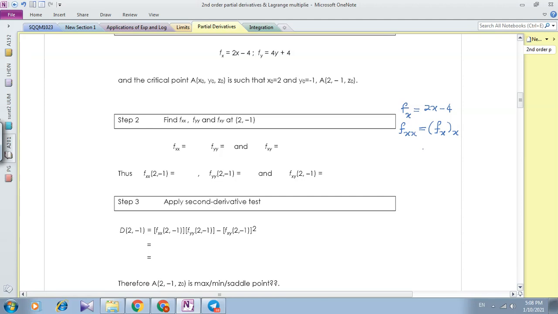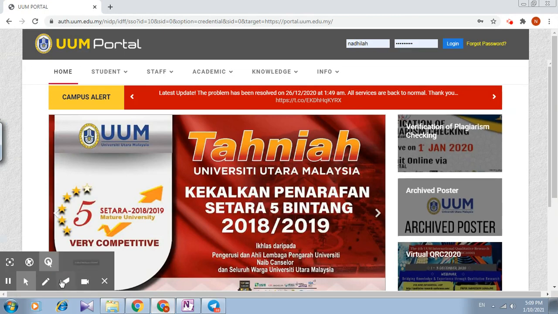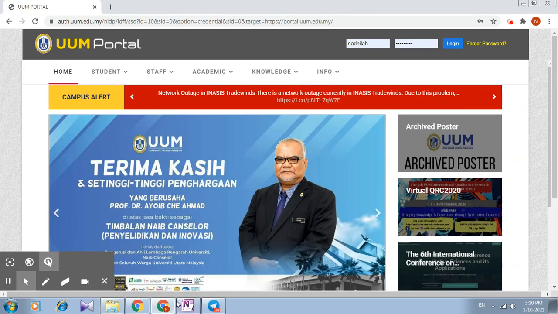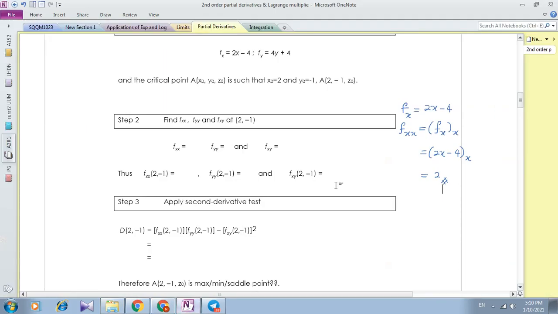This means 2x minus 4, and then we find the partial derivative with respect to x. So this is 2. So fxx is 2.